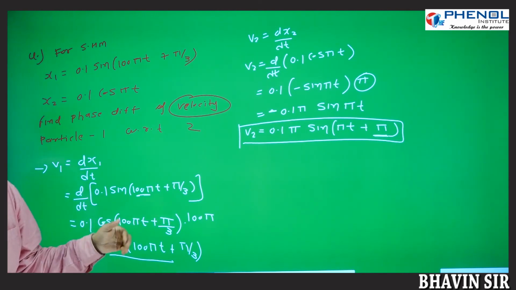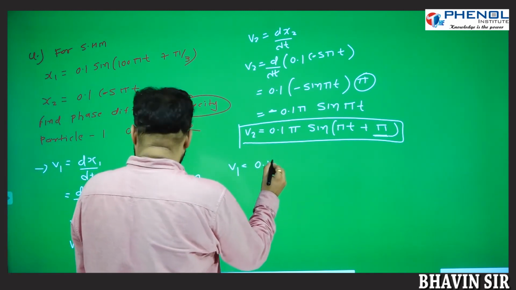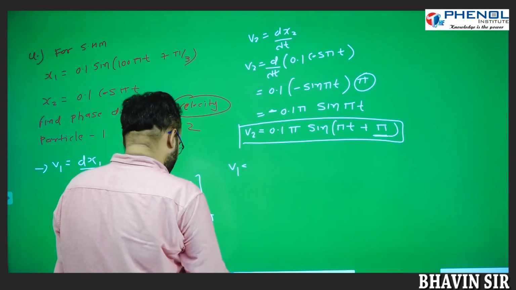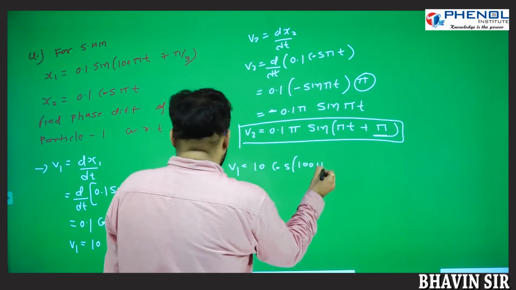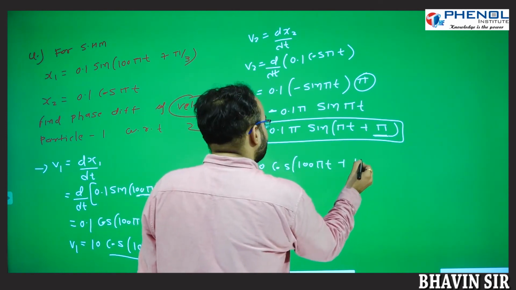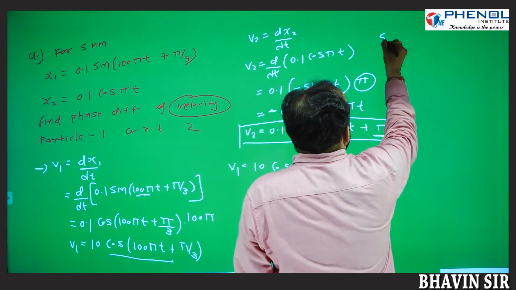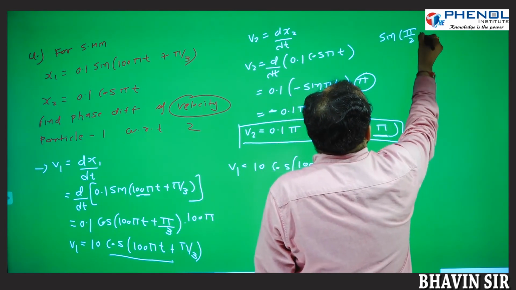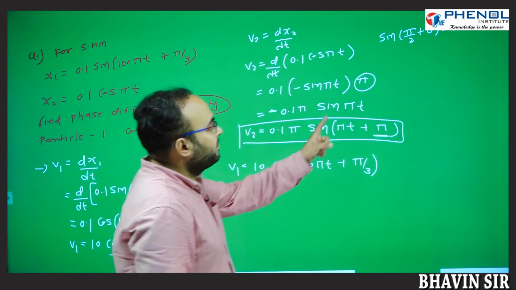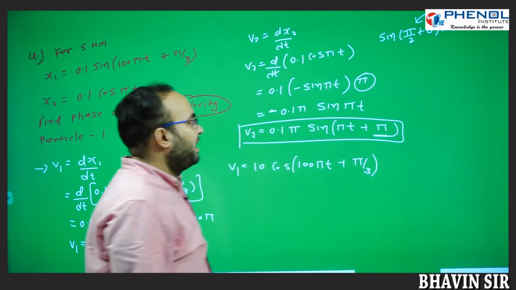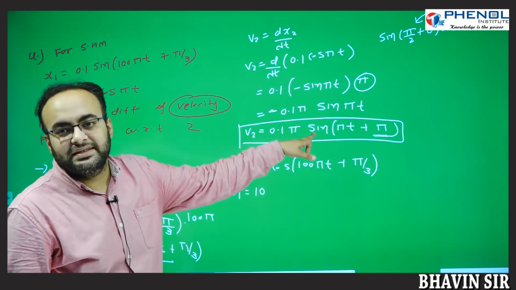Chalo, so now the velocity here is cos. As in the previous question, we convert this cos into sine: 100 pi t plus pi by 3. How to convert cos into sine? What is the formula? Sine of (pi by 2 plus theta) is equal to cos. So in place of cos we write pi by 2 plus theta. Why do we convert cos into sine here? Because the other one is in sine.